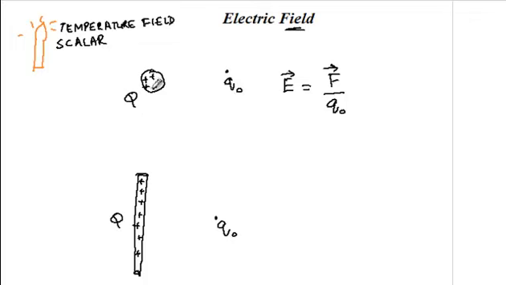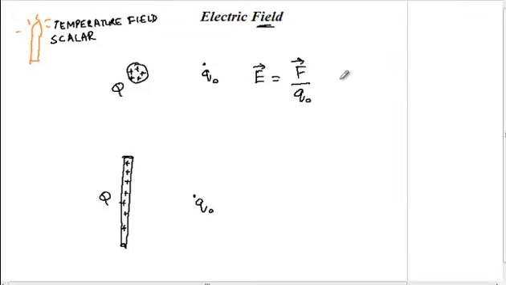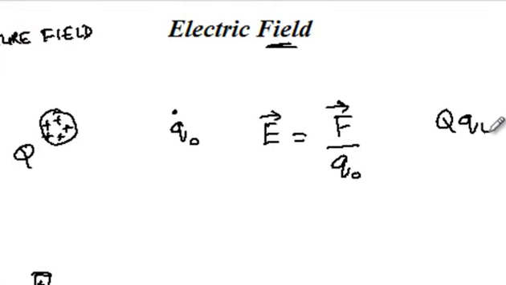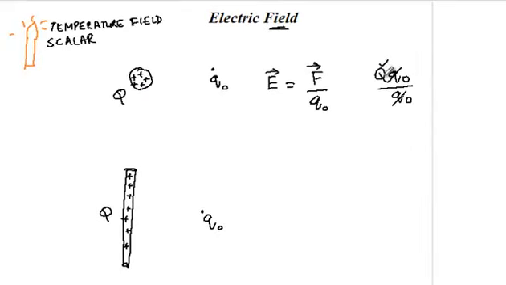At times you tend to get confused whether you should divide this force by this charge Q0 or by this charge Q that is producing the field at this point. One way of looking at it is that the expression for the force is going to have both this charge Q as well as Q0 in it. Now, if you divide the expression for the force by Q0, that means you are getting rid of Q0 and you are left with Q, and it seems to make sense that the electric field depends on the charge Q which is present.